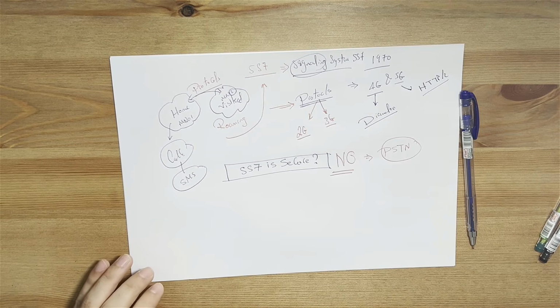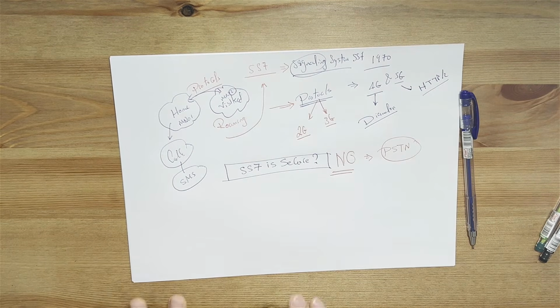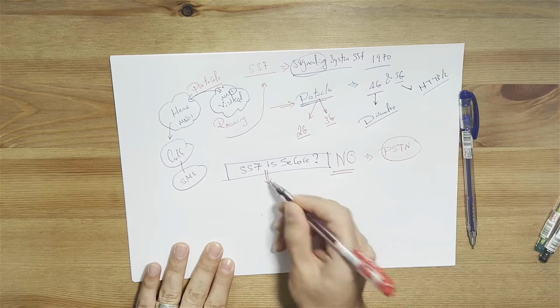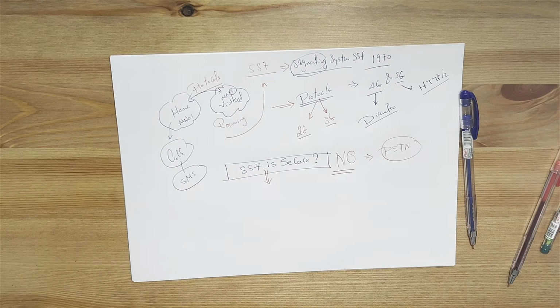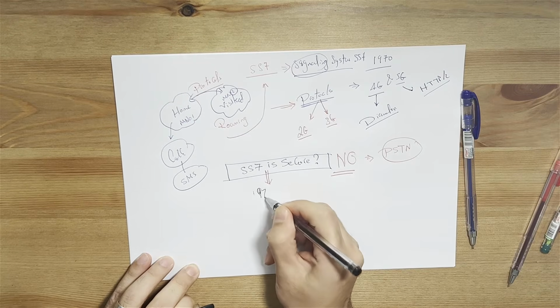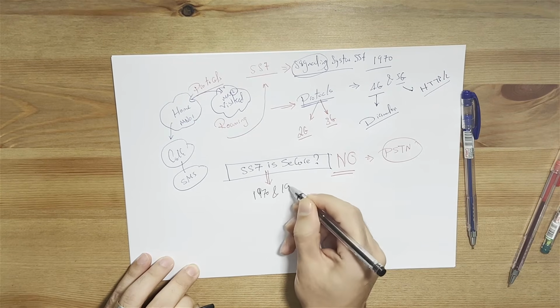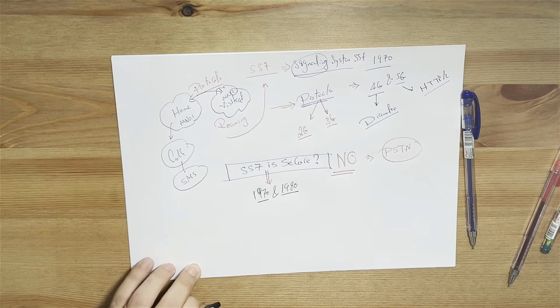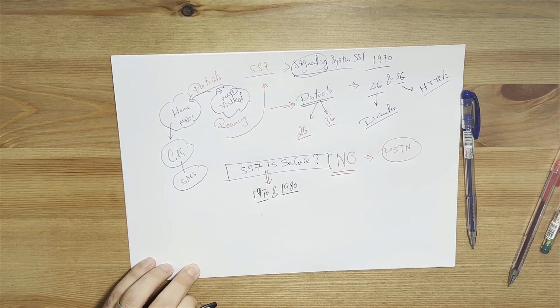But why is SS7 not secure? SS7 was standardized, as we mentioned before, in the late 1970s and the early 1980s, at a time when communication relied primarily on landline phones.